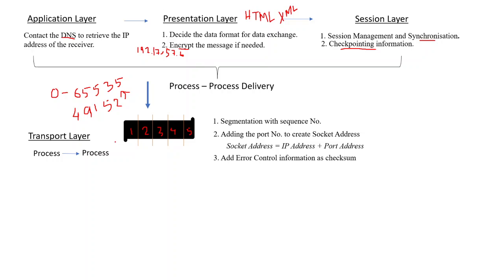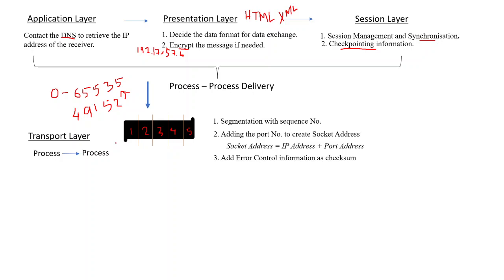Now, the port number of my client machine is sorted, but it will also need to provide the port number of my server machine. It doesn't know which port number on the server is going to handle the web file.